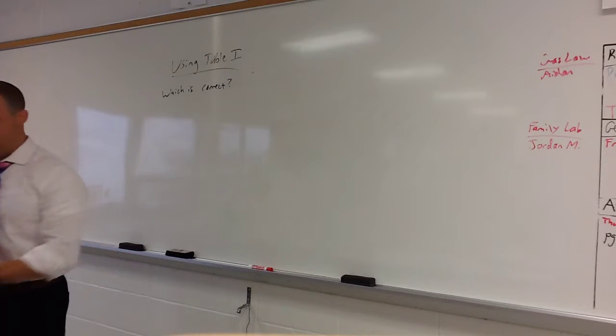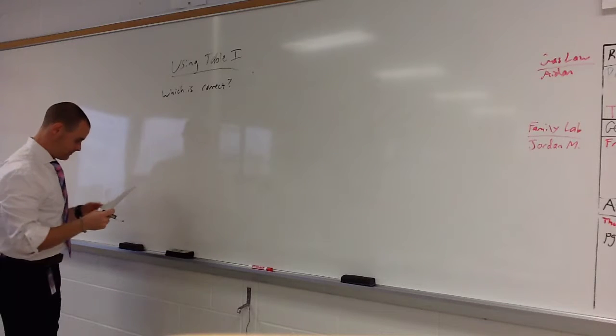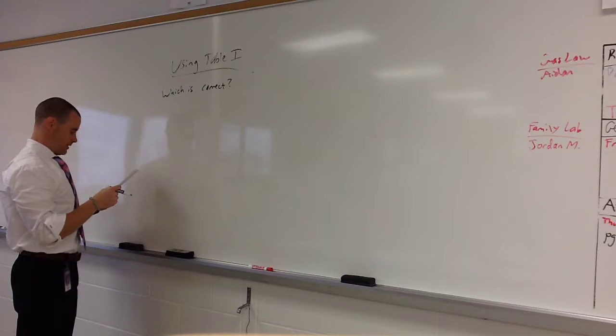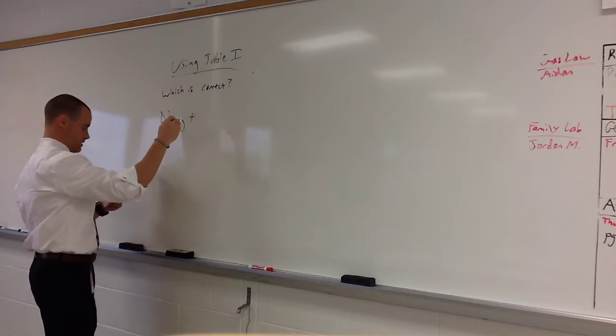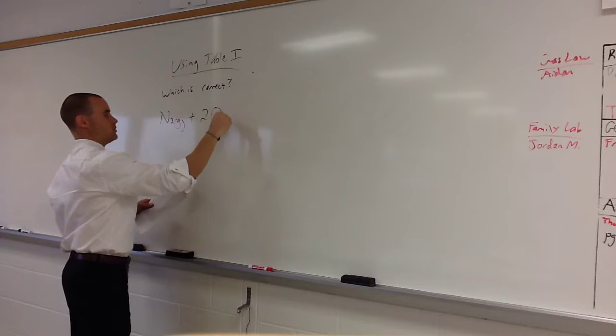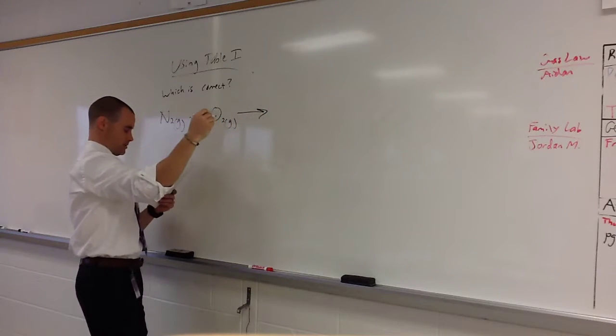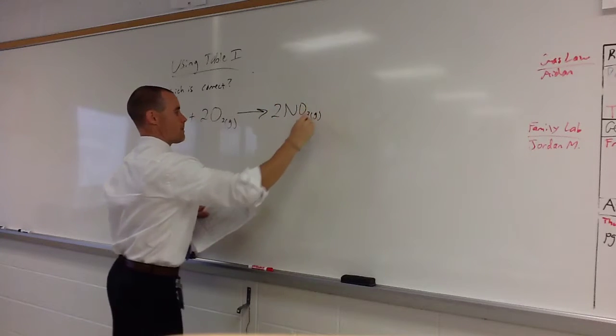Alright, I'm going to write a reaction from table I, and I'm going to write it two different ways. Here we go. Let's go with this one. Okay, you got N. So write exactly what I write. N2 gas plus 2 O2 gas yields 2 NO2 gas.